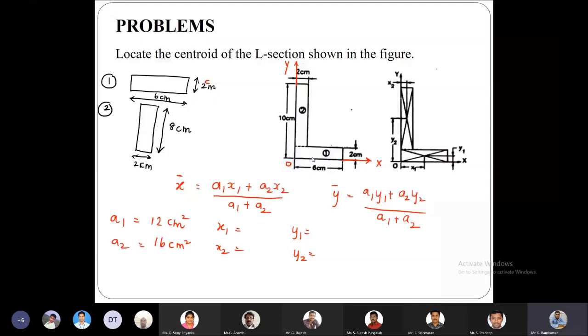Here we have the given image. So this is going to be the OX axis and then the OY axis.